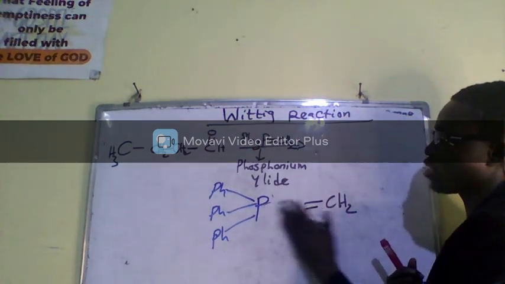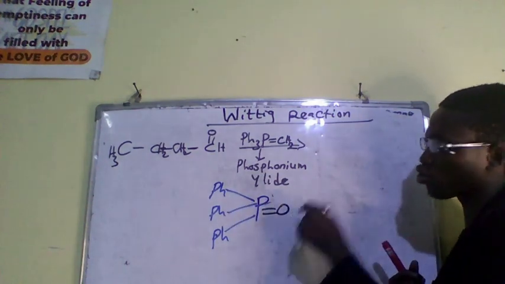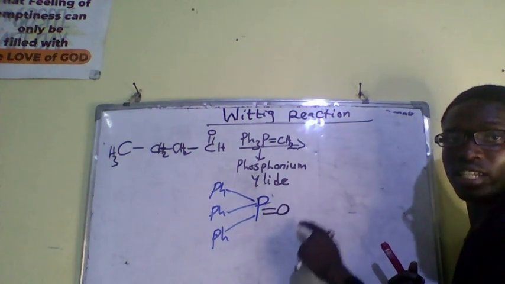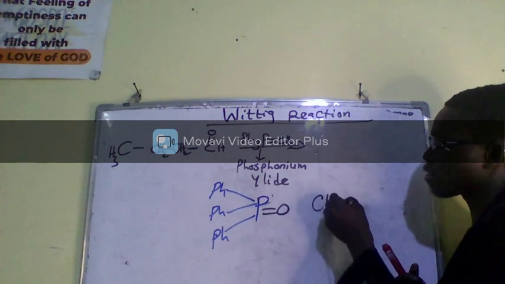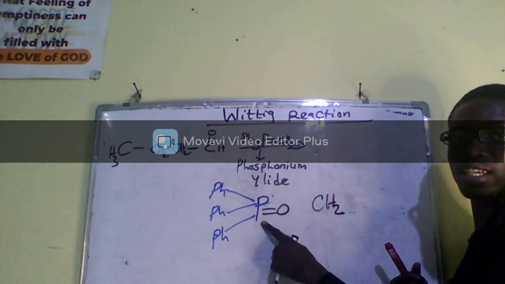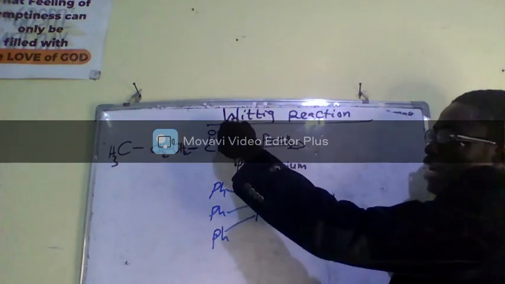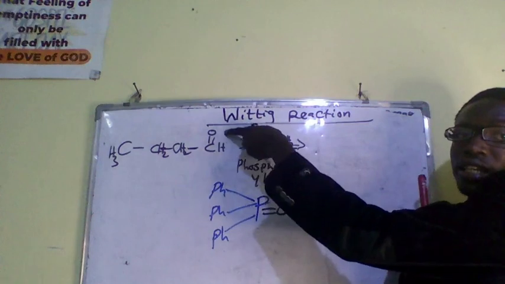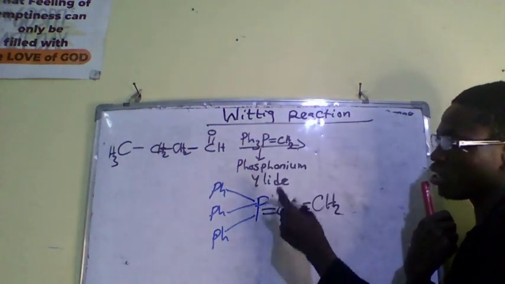When it attracts it, this oxygen will come here and join, and supply the phosphorus with the bond that the CH2 was contributing before. So this phosphorus will not feel the effect of the double-bonded CH2 having left, because the oxygen that was attracted here can also supply the bond that was lost.